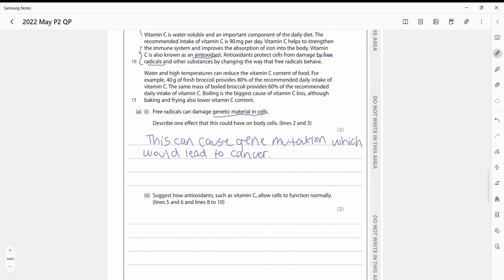So basically what we would say here is vitamin C is an antioxidant. It changes how free radicals behave.